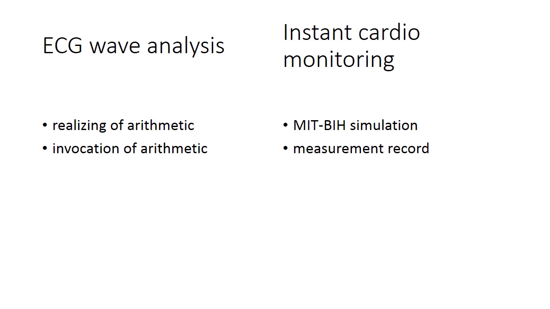In addition, once a new user logs in, there's no history record, so there's no corresponding folder. The software will offer users some sample folders from MIT-BIH to select. Once the user uses a certain sample folder to do ECG monitoring, all information should be saved as a measurement record.